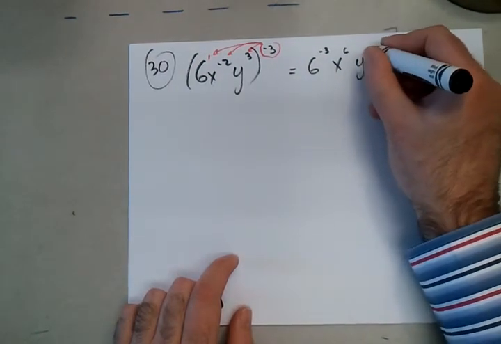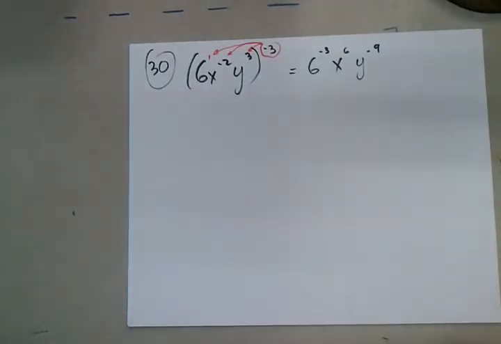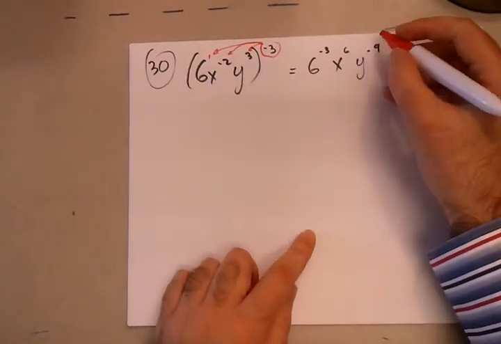to the negative 9th power. Now we have 2 of the bases have negative exponents. One of the bases has a positive exponent. So x to the 6th is fine where it is. It doesn't have to go anywhere. The other 2, on the other hand, have to flip.